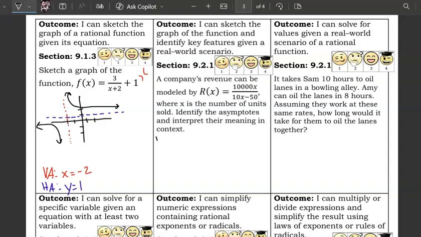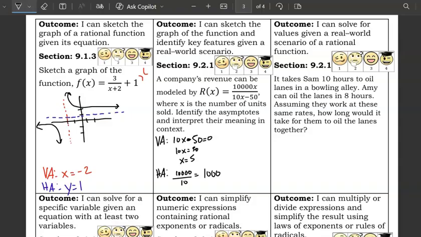So, to find the vertical asymptote, we set the denominator equal to 0. x is going to equal 5. And for the horizontal asymptote, it's going to be 10,000 divided by 10 equals 1,000.